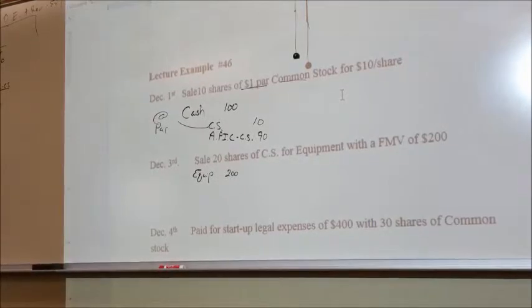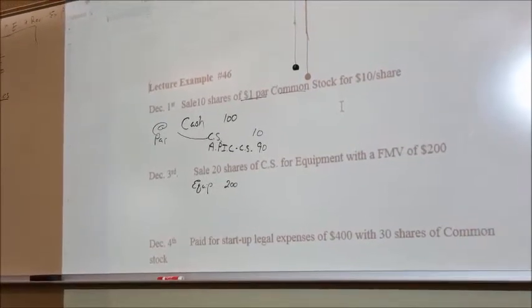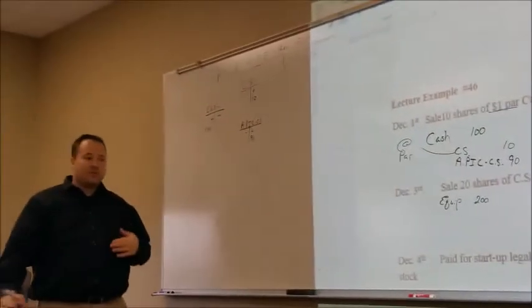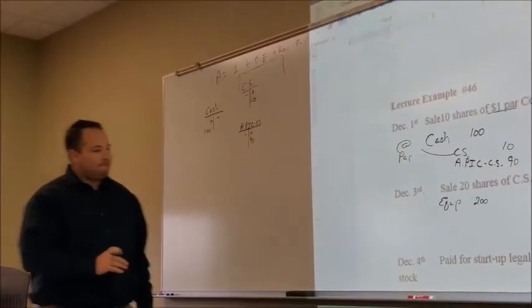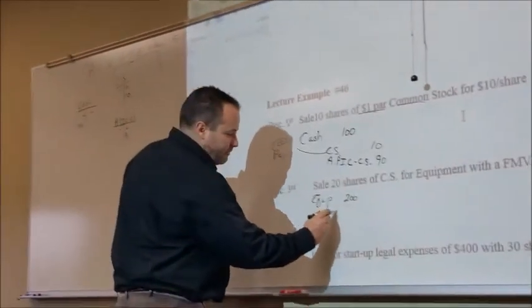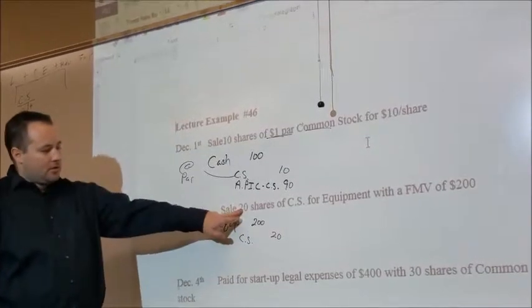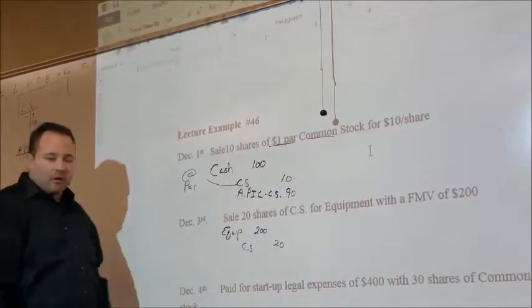Somebody would have paid us, or we would have paid $200. Somebody's investing in our business, and in exchange I give them part ownership: 20 shares at $1 a piece.